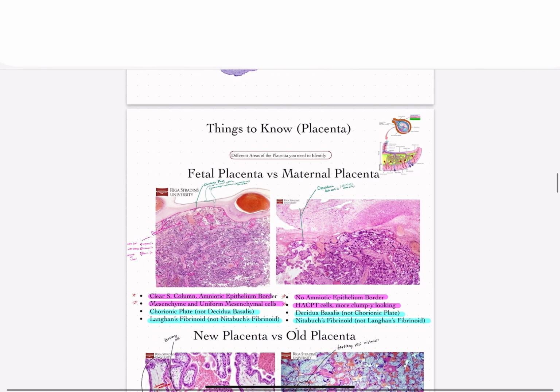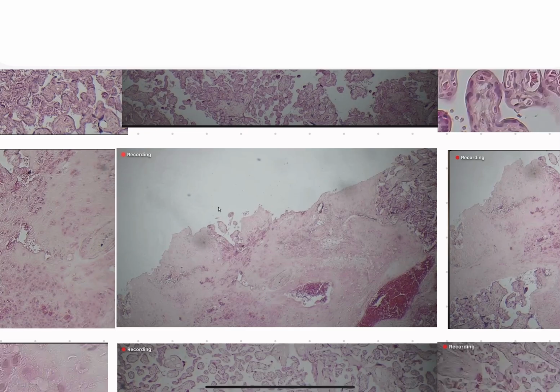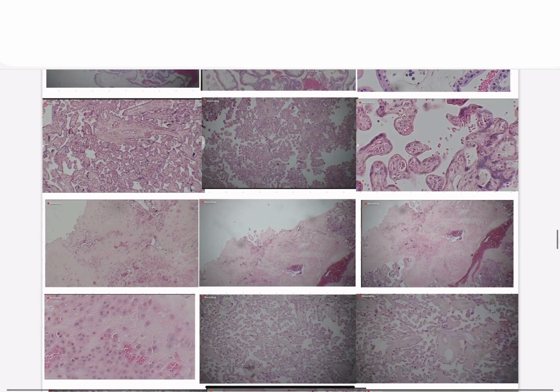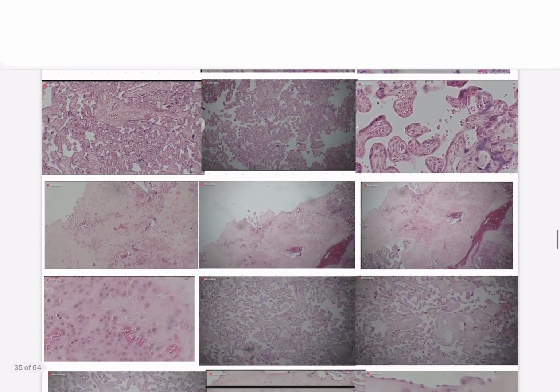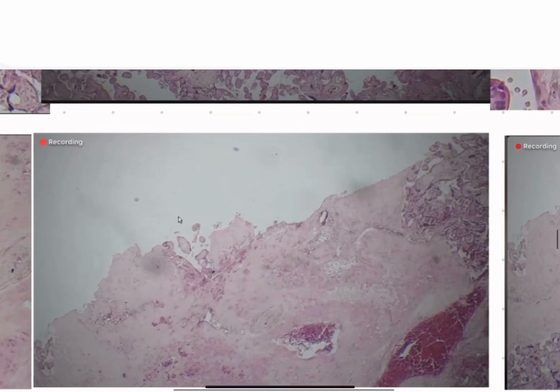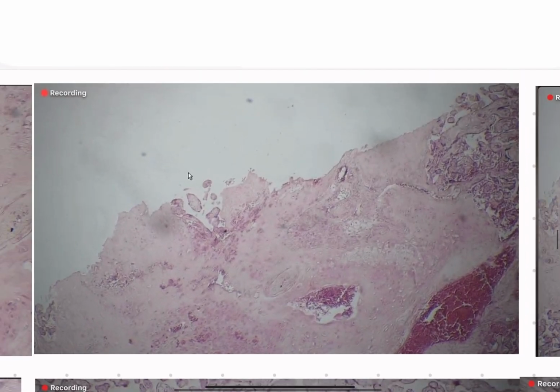Now that we know the two different visual signifiers between the fetal and the maternal placenta, we can actually start guessing where we are in real microscopy slides. These are real microscopy slides taken from the demo lab. If we look at this area, this is either the fetal or the maternal part of the placenta.